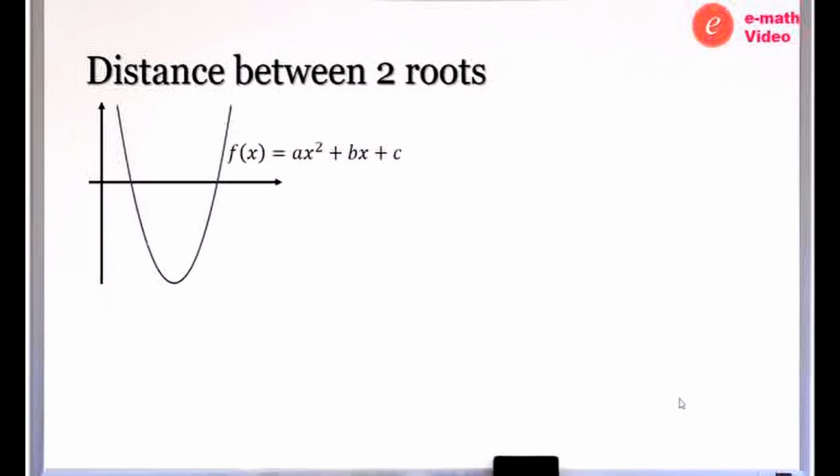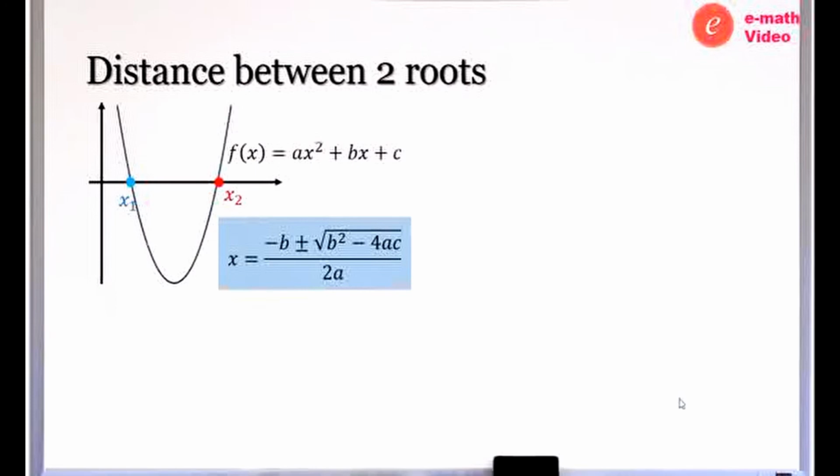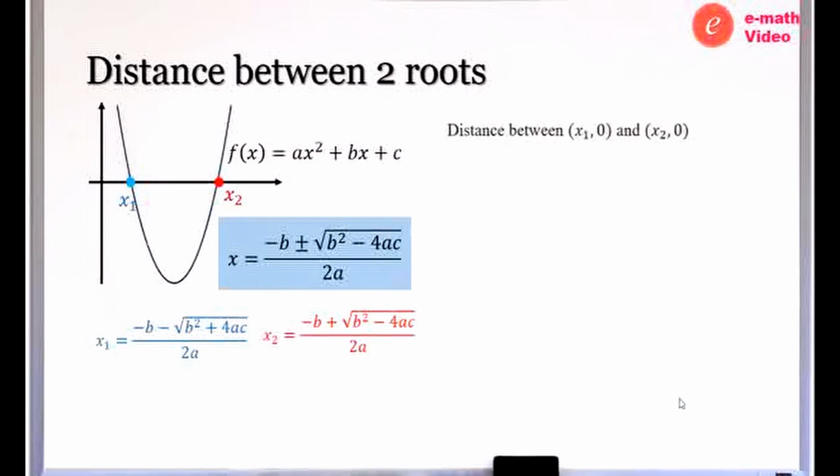For example, for this graph of the function f(x) equals ax squared plus bx plus c, let the x-intercepts be x1 and x2. If we use the formula to solve for zeros, we have x1 and x2 like this. To find the distance between the 2 roots, I will use the distance formula from coordinate geometry.